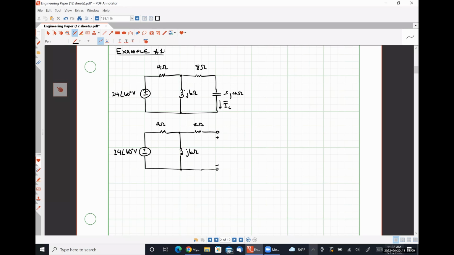And across this open circuit set of terminals will be our Thevenin voltage, VTH phasor. So how might we go about determining that voltage VTH?